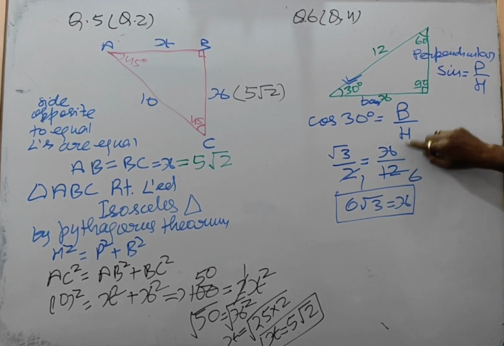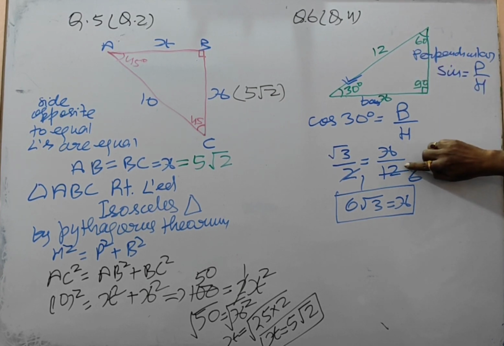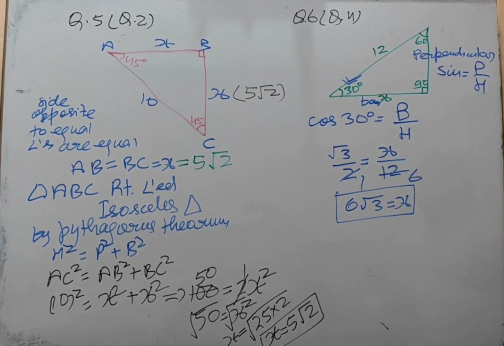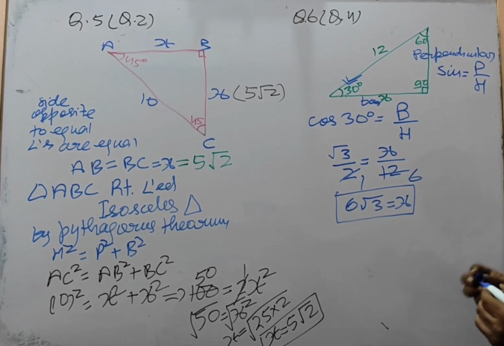Base is x and hypotenuse is 12, so x upon 12. The answer will be 6 root 3.